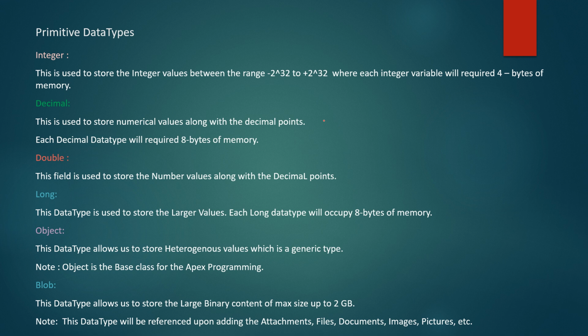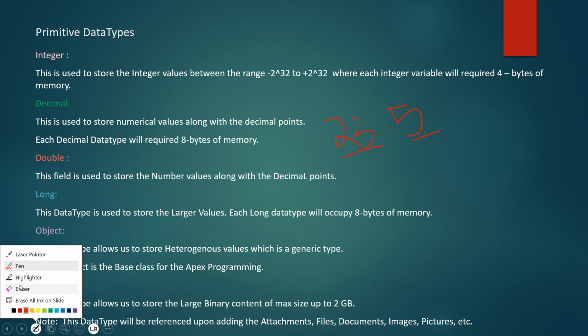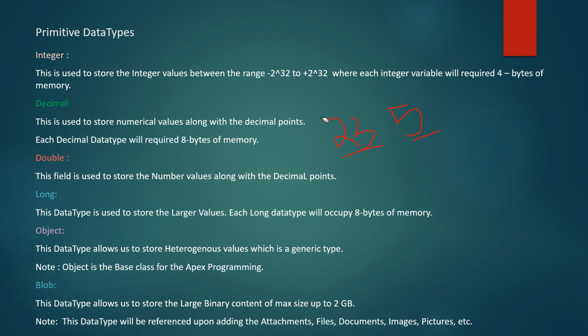If I say 23.5, this indicates a numerical value and a decimal value. So decimal has the capability to store numerical values along with the decimal points. That's what it means.